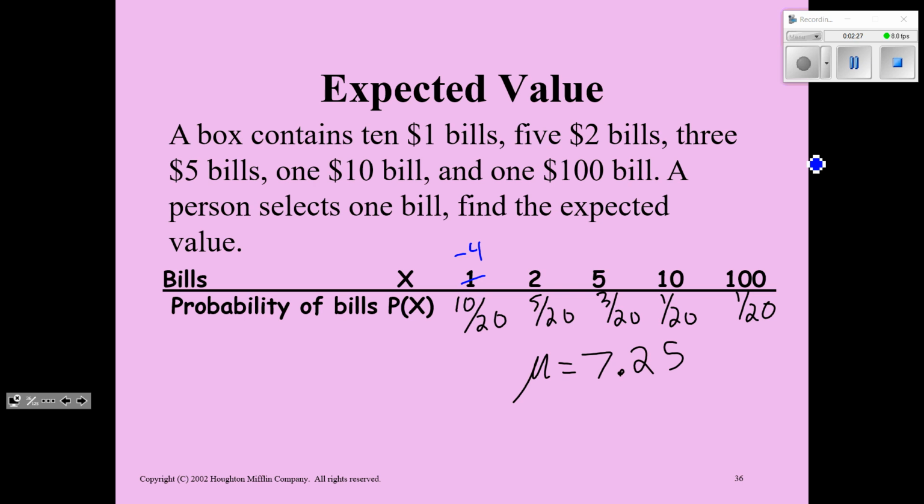For example, on the 100, if you pay $5 and you pull 100, what's different from where you started? This is going to be 95. We want to make that clear because this is not I win 100. It's 95 because it's the difference from where you started.